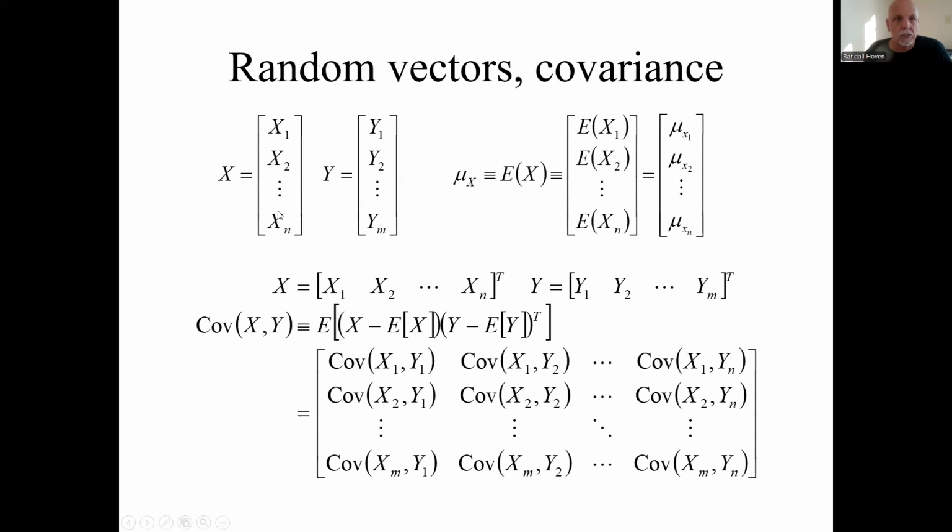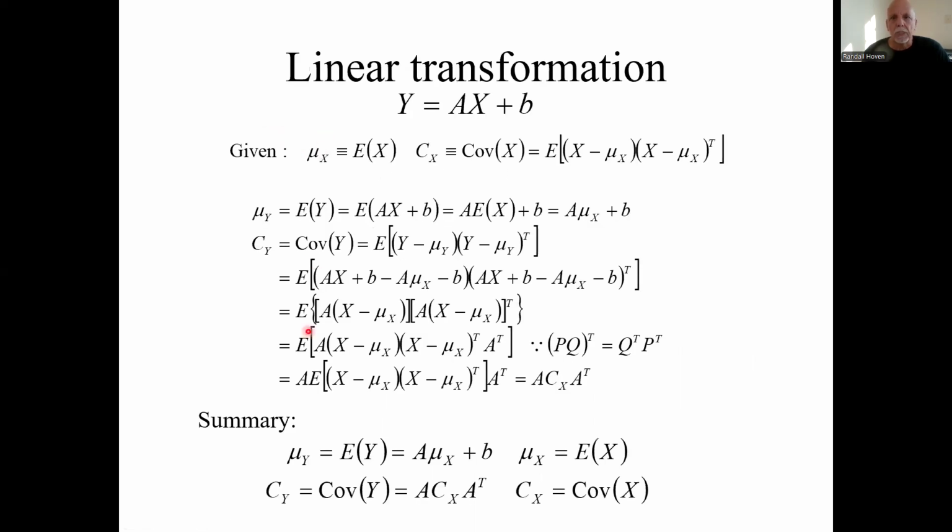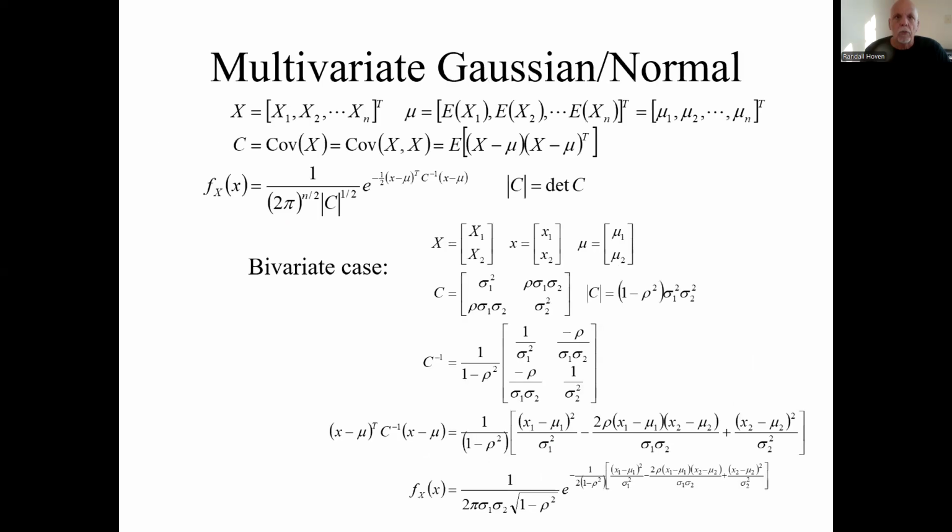We also discussed random vectors, where every element of the vector is a random variable. We defined the covariance matrix, the covariance of a single random vector, and linear transformations of random vectors. So that was all in previous videos.